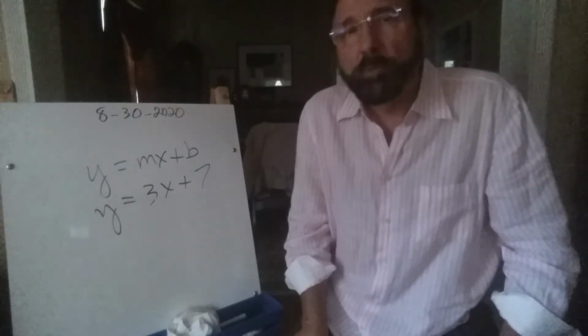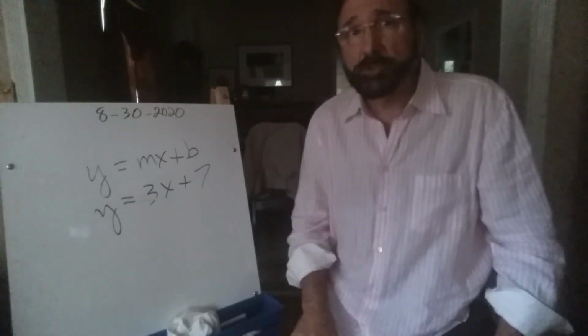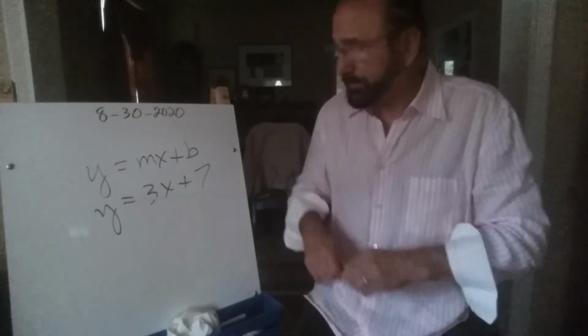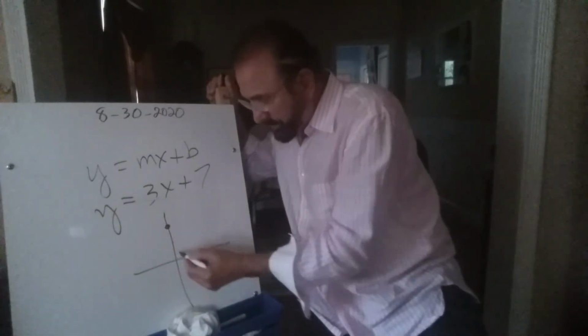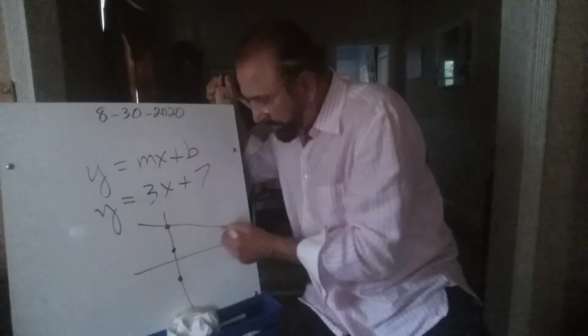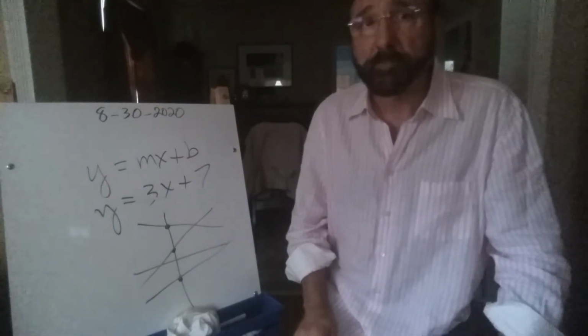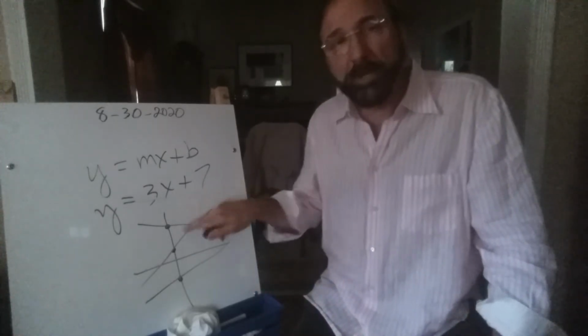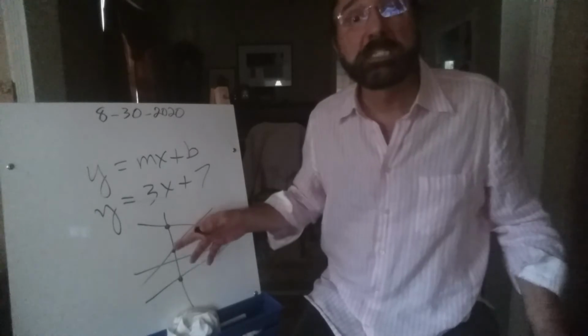Now, check this out. What if they asked you what the x-intercept was? Well, there's something special about the y-intercept. This is a y-intercept, this is a y-intercept, that's a y-intercept, because you could have lines crossing these. Where lines cross the y-axis, that's what we call the y-intercept. What do we know about x? x is going to be 0 here.